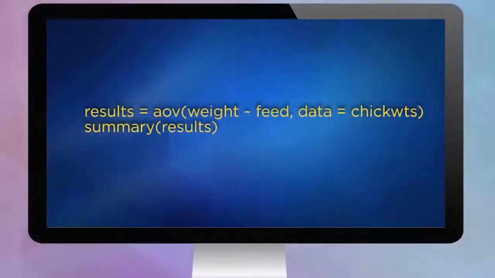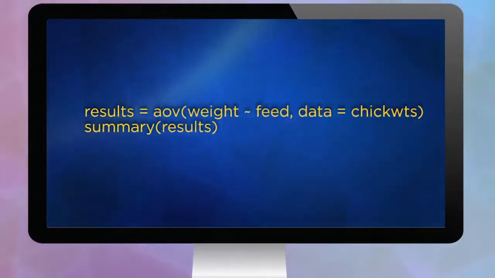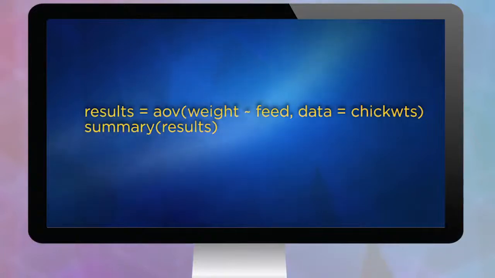All right, once the ANOVA model is fit, we can look at the results using the summary function. And this produces the standard ANOVA table. Let's look at our code. We have results equal to AOV of weight tilde feed for our chick weights data. And let's do a summary of our results.